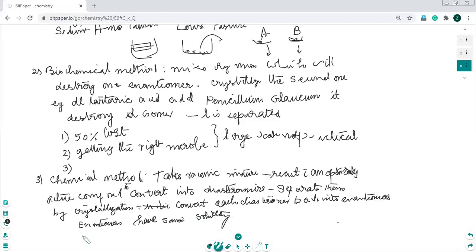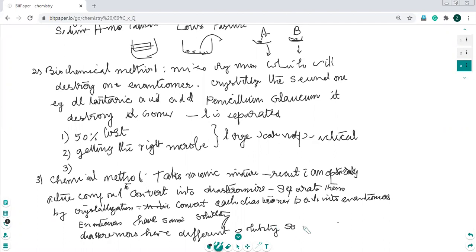But diastereomers have different solubility, so that you can crystallize them.